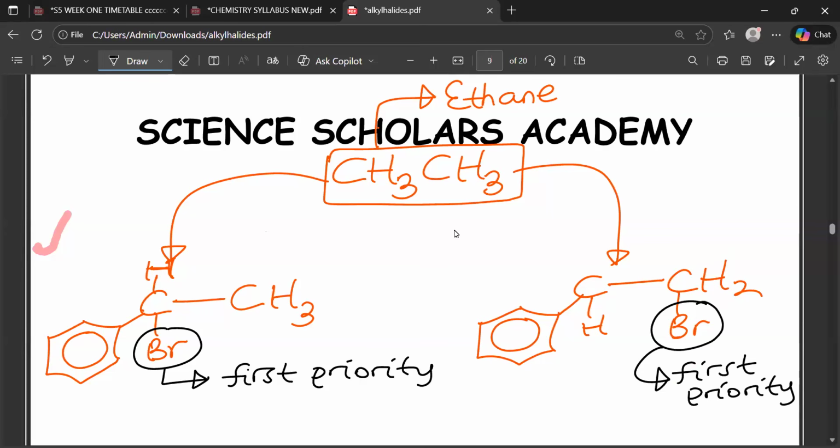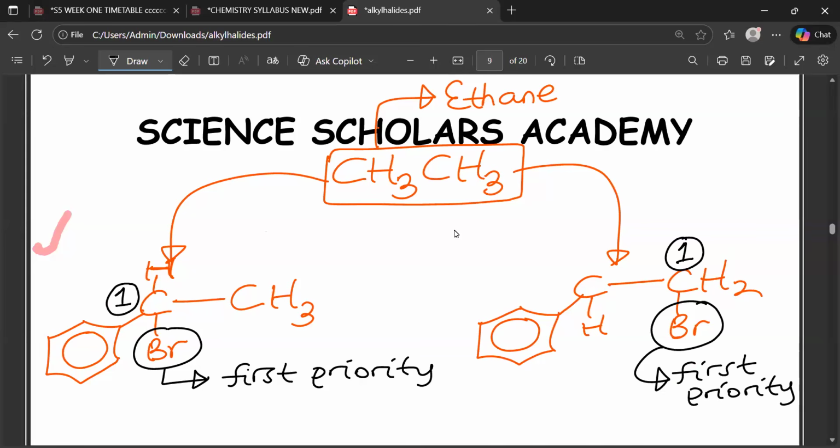Because it is always given first priority, in this second case, that is carbon number 1, because that's the carbon with the functional group. And in this case, that one becomes carbon number 1 because it is the one having the what? The Br.